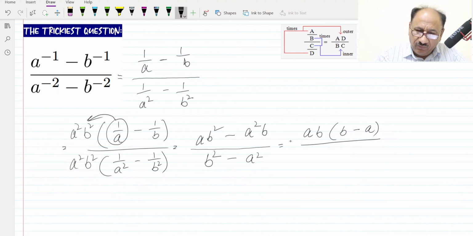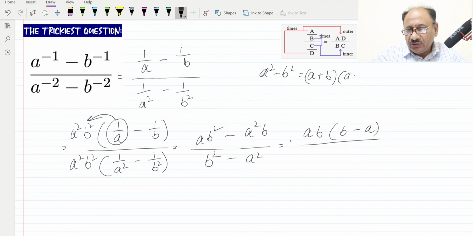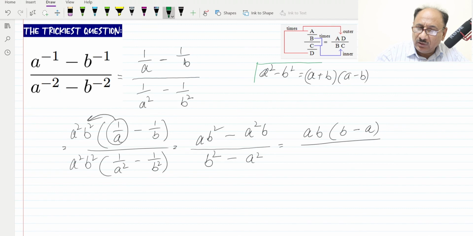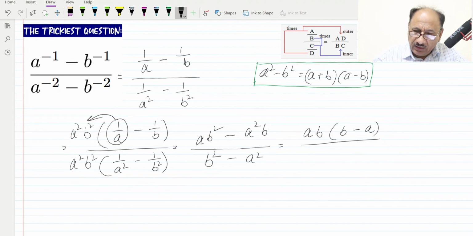We know the formula a squared minus b squared is equal to a plus b into a minus b, and we can use this formula. I'm boxing this so that you can keep in mind this is the formula which we are using, and this will result in b minus a into b plus a.